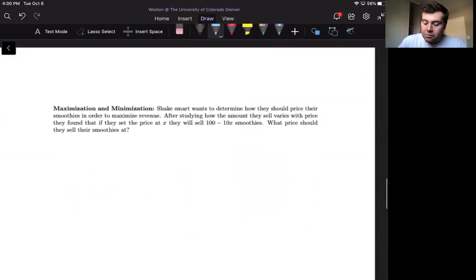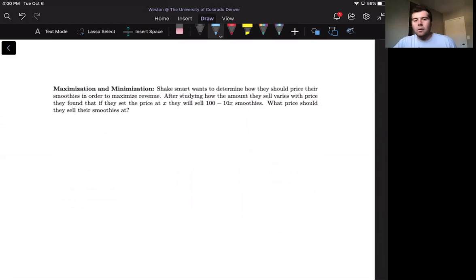All right, and we can also use quadratics to solve maximization and minimization problems. So let's say we have a company, ShakeSmart, that wants to determine how they should price their smoothies in order to maximize revenue. In section 4.2, we talked about data analysis and finding lines of best fit.